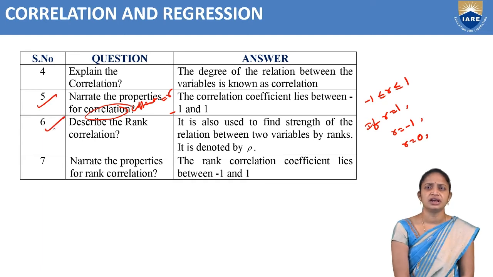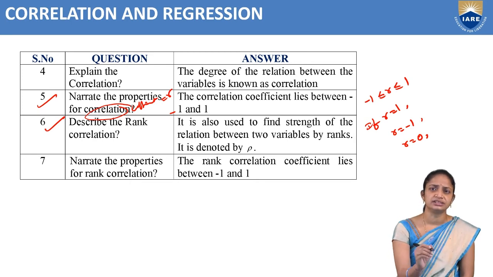Next, the sixth one. Describe the rank correlation, or rank correlation coefficient. It is also used to find the strength of the relationship between two variables, but here we have to find it by using ranks.